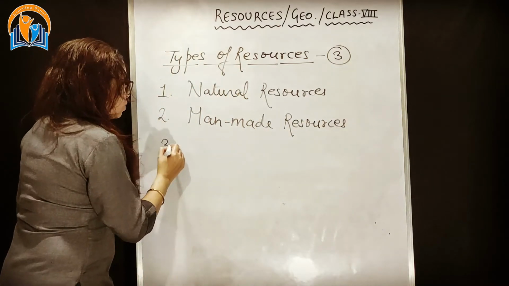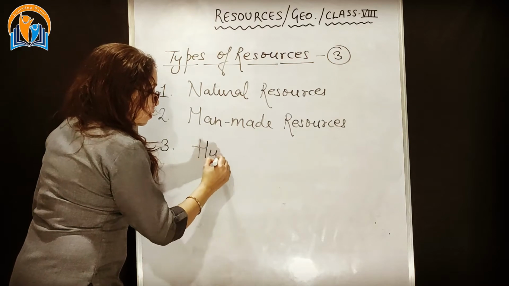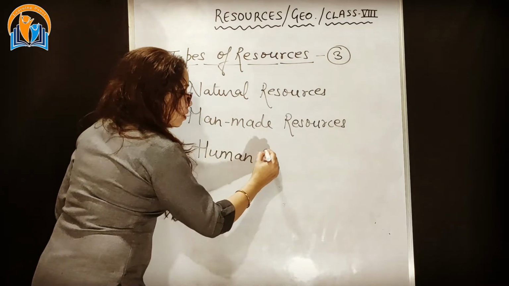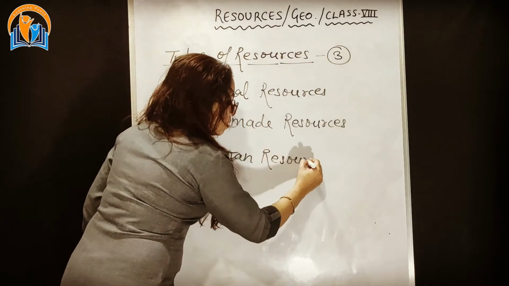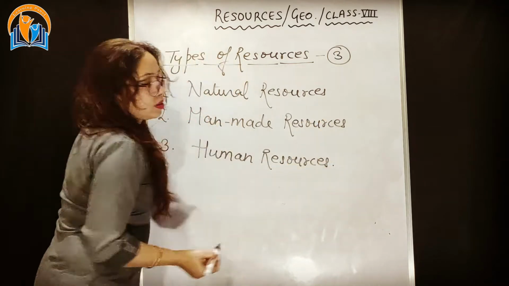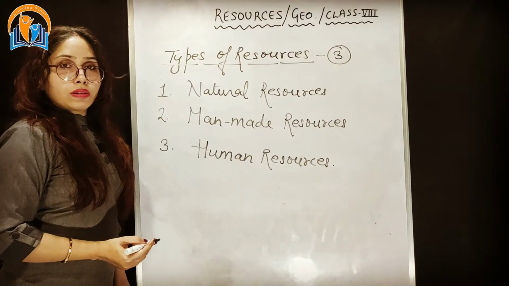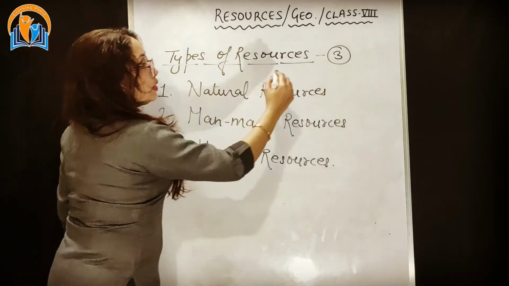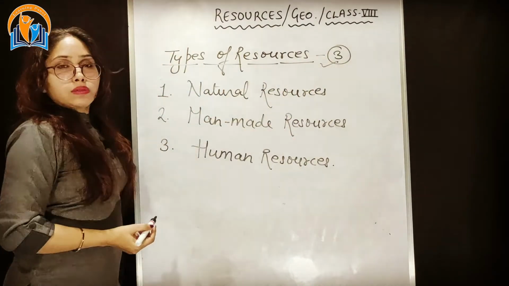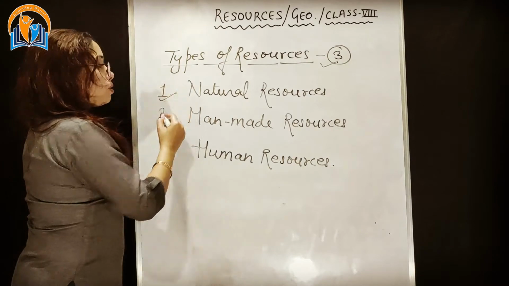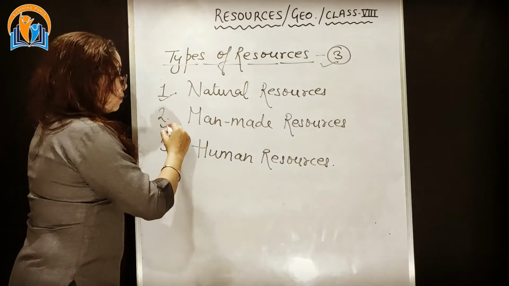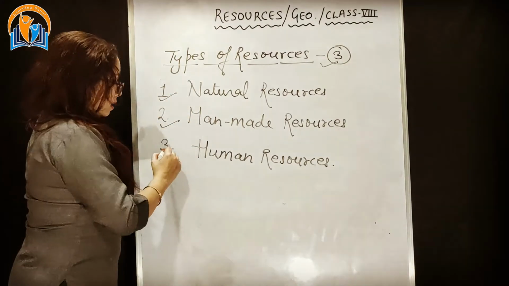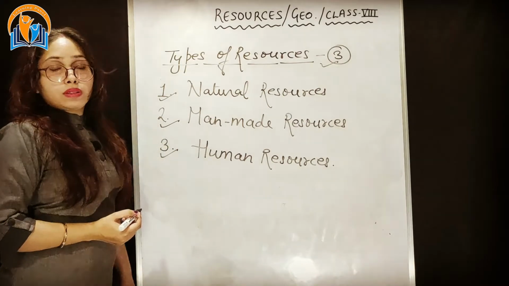And the last, third one, human resources. Once again, there are 3 types of resources. Number 1, natural resources. Second one, man-made resources. And the last one, human resources.